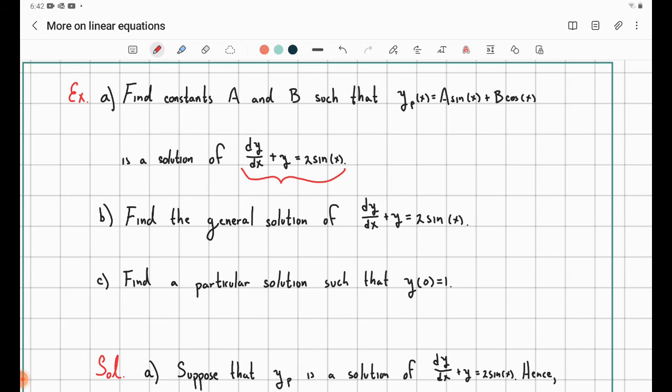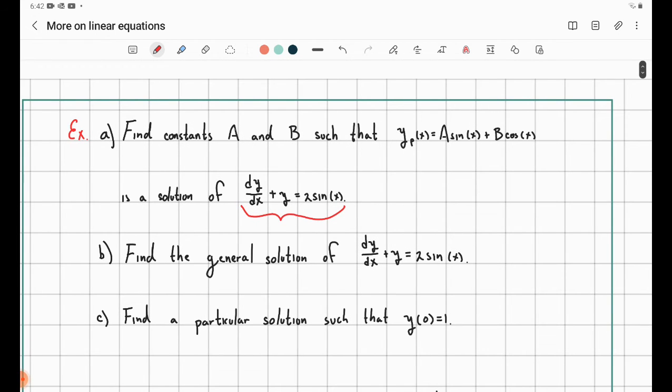Okay, so first we want to show that for any pair of constants a and b, this particular function y sub p, given as a linear combination of the sine function and the cosine function, is not always a solution of this equation. That is, if you take arbitrary constants a and b, then the linear combination of sine and cosine with these two weights a and b is not necessarily a solution for this linear differential equation.